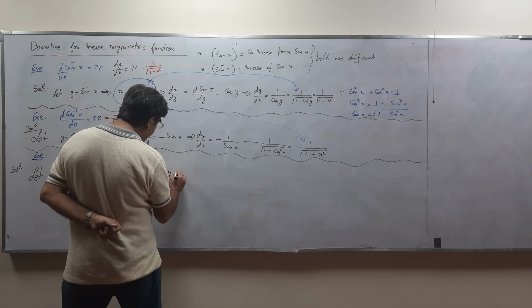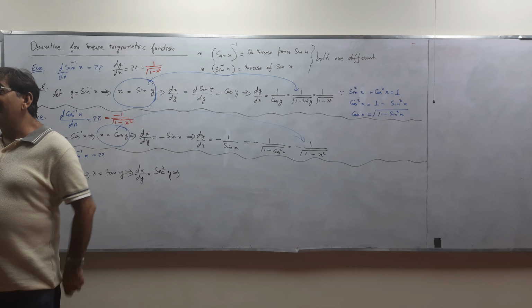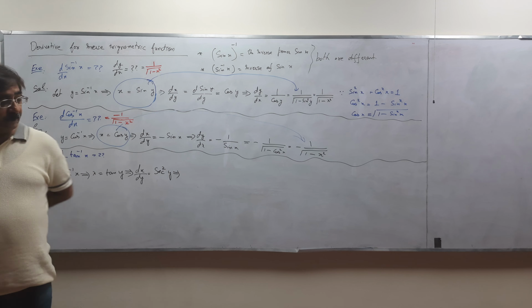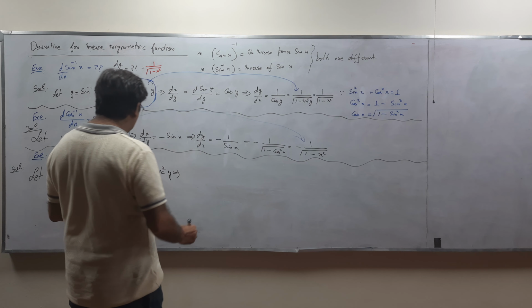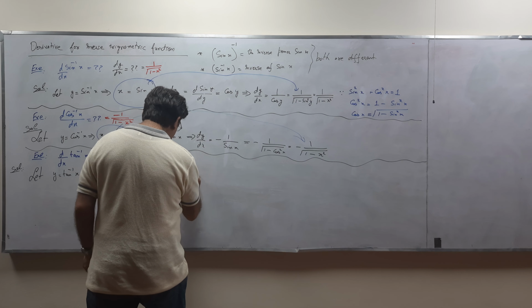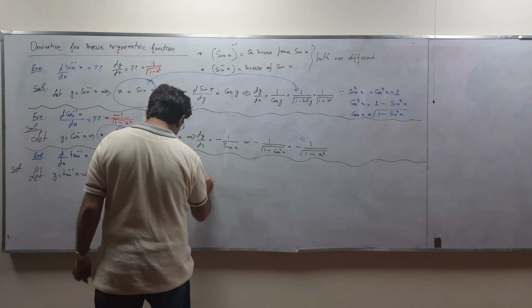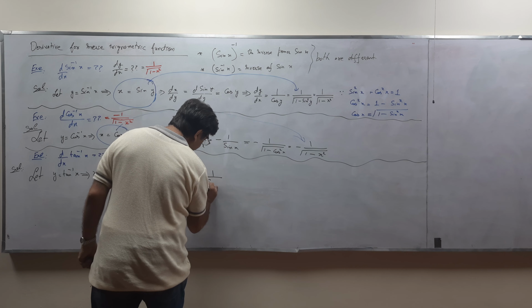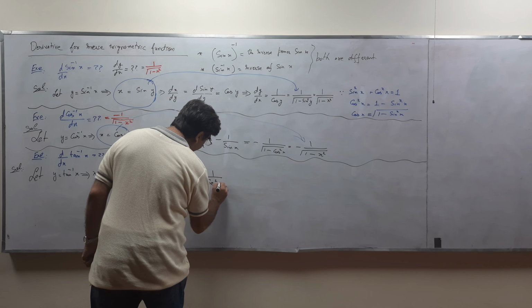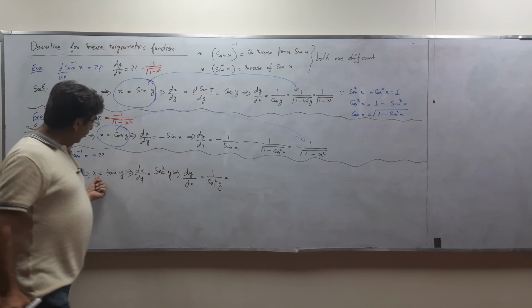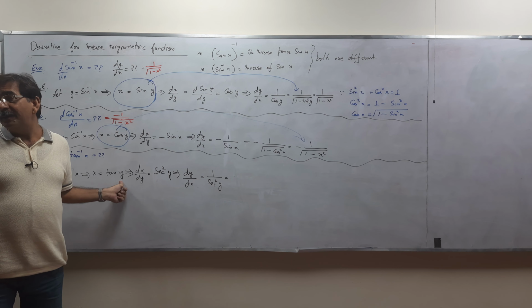Secant square y, so dy over dx is equal to 1 over secant square y, and x is equal to tan y.